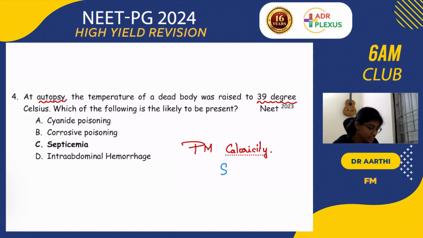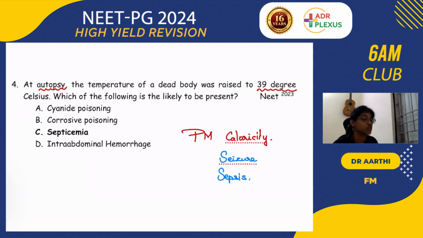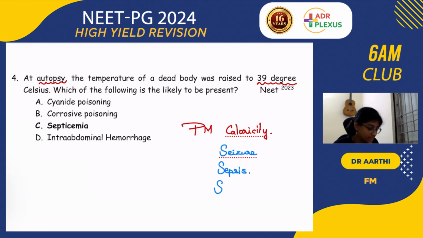S is seizure, S is sepsis, except for septicemic shock, S is heat stroke, and S is strychnos nux vomica. All of these are known to produce increase in temperature for just few hours after the death of the person.